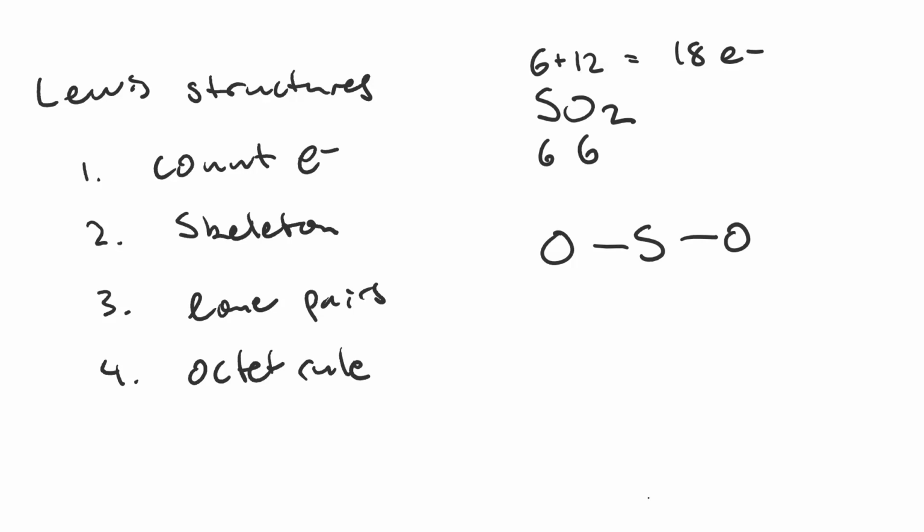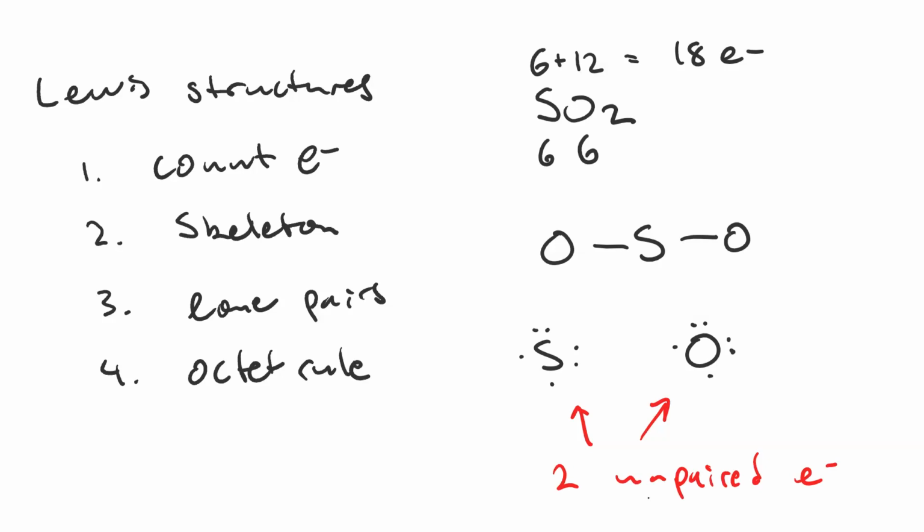Normally we put the atom with the most unpaired electrons in its Lewis symbol in the center. But you can see both sulfur and oxygen have 2 unpaired electrons. So, to break the tie, we go to electronegativity. Sulfur is less electronegative than oxygen, so sulfur goes in the center.